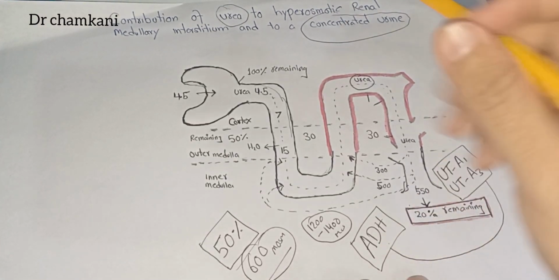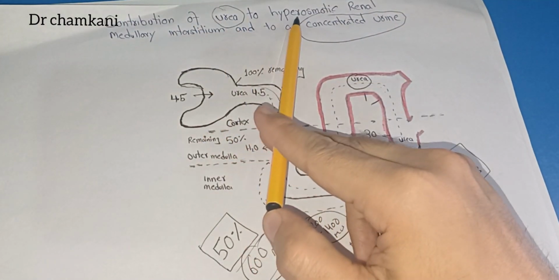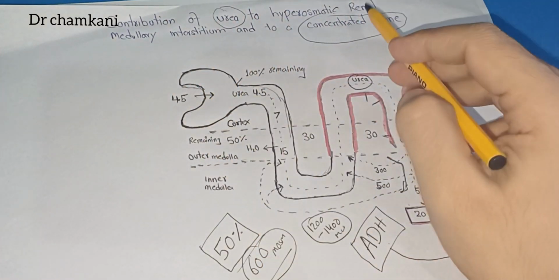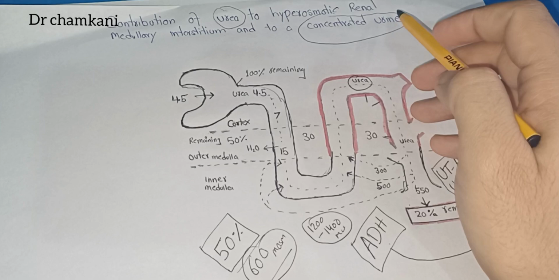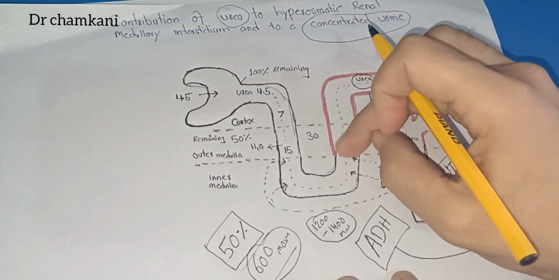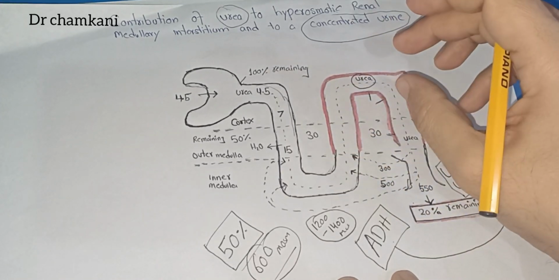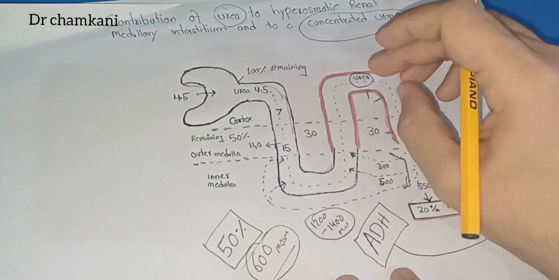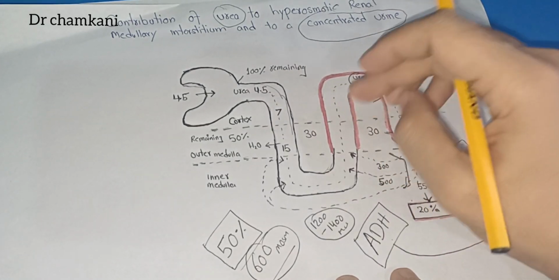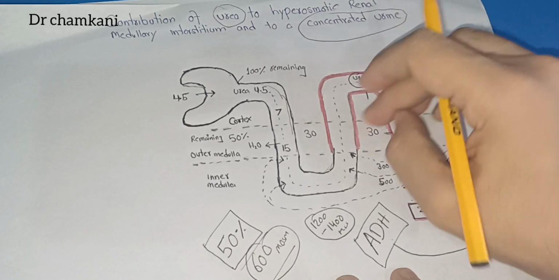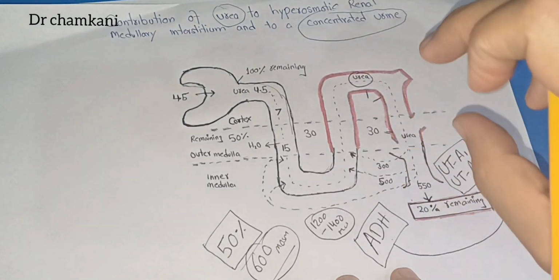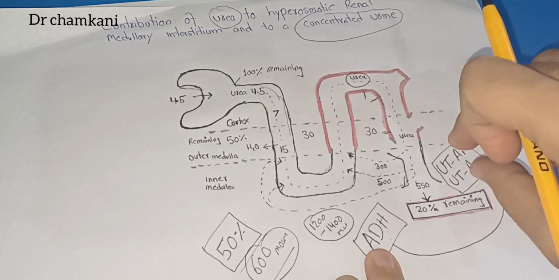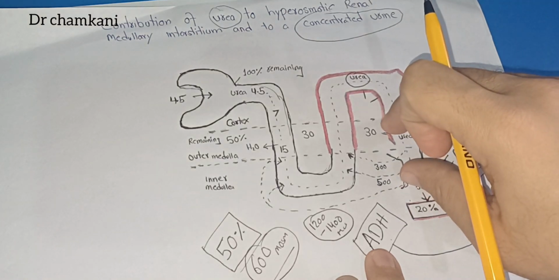So urea plays its role in keeping the hyperosmolarity of the medullary interstitium and in the formation of concentrated urine like this: urea is not initially reabsorbed here, and when antidiuretic hormone starts releasing, it helps in the reabsorption of water from the distal tubule and the cortical ducts, and then this antidiuretic hormone also activates the urea transporters in the inner medullary ducts.